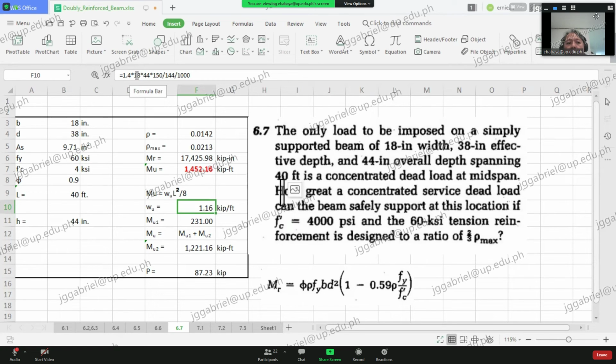Okay, 18, that's the B. 44 is the overall depth of your beam, which is 44 inches. So we get the cross section of that, and then this 150 is the unit weight of concrete. Na 150 pounds per cubic feet. Okay?